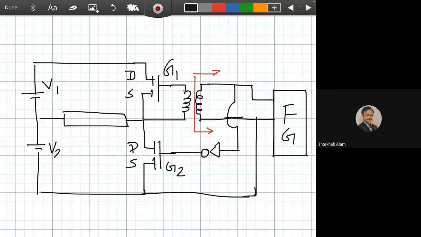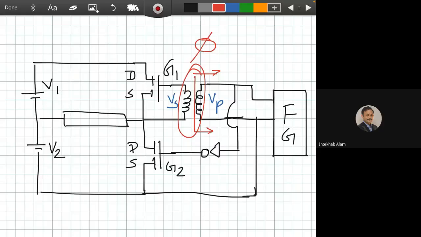Now I can say that there is an input voltage of V primary here and the V secondary is here, and there is no electrical connection here. They are only magnetically connected.